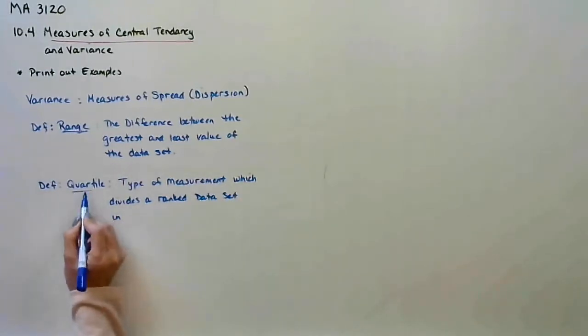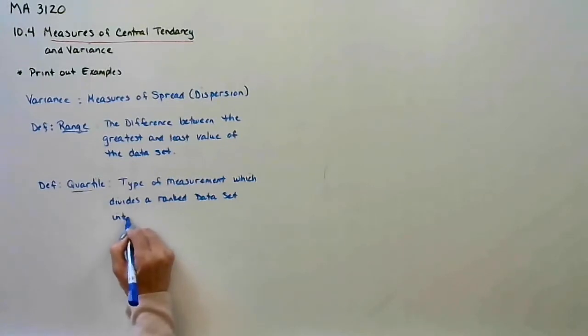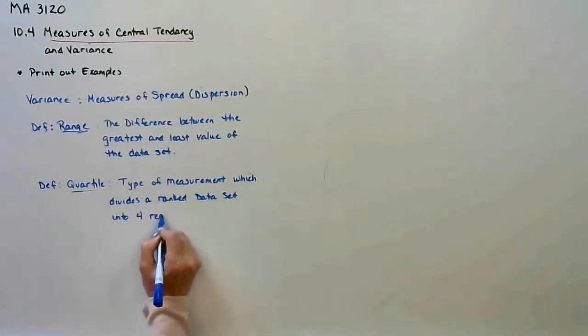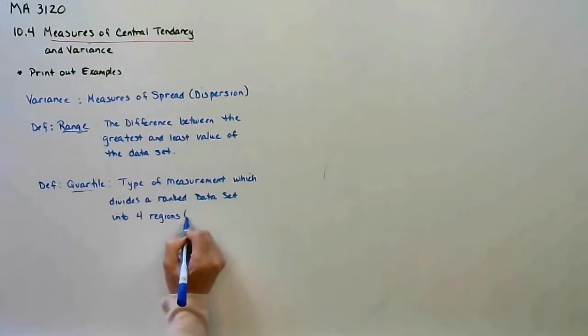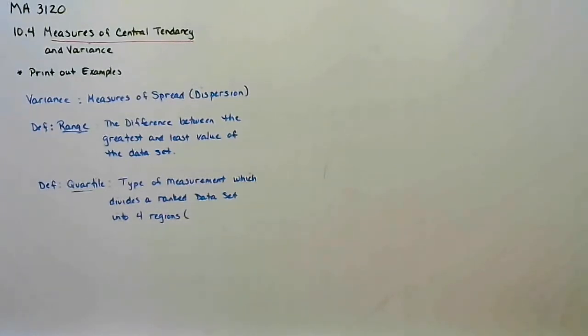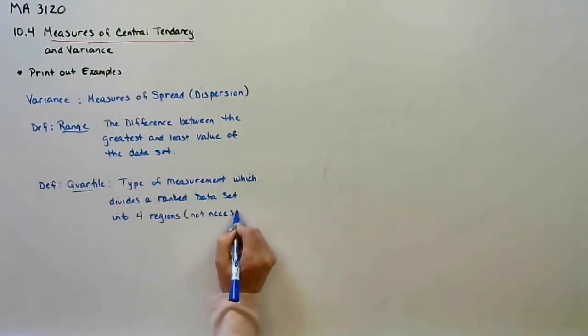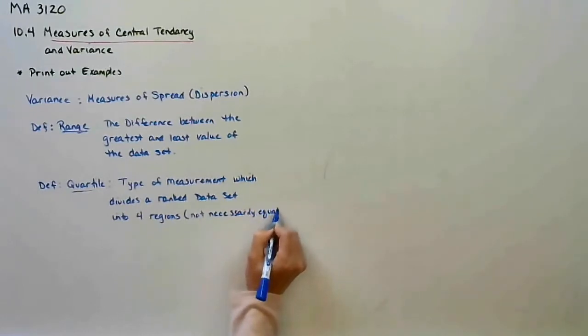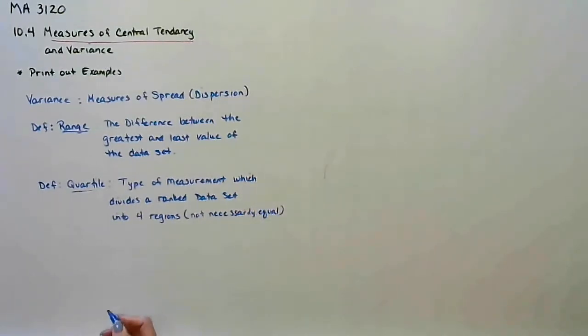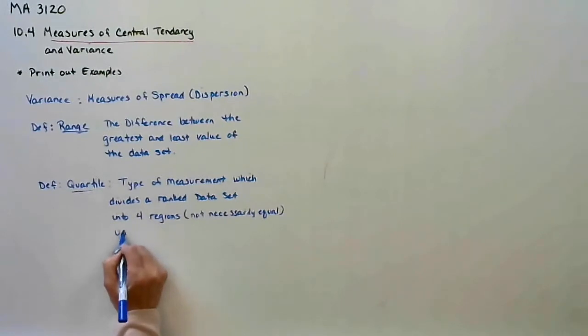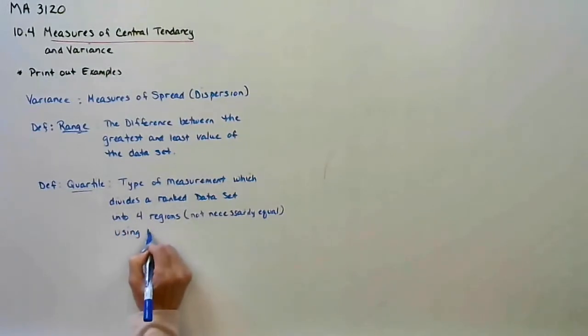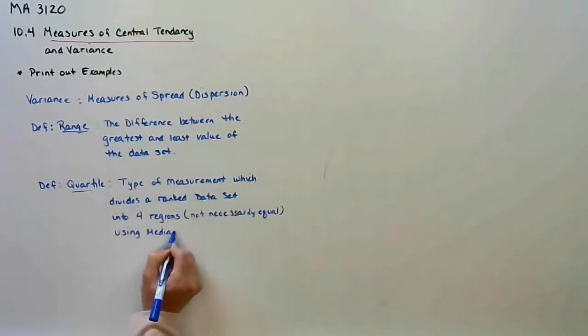Remember, it's quartile, so it's got to have 4 regions. They're not necessarily the same number in each region, okay? They're not necessarily equal. I'll show you with a diagram here in just a minute. But we're using medians.